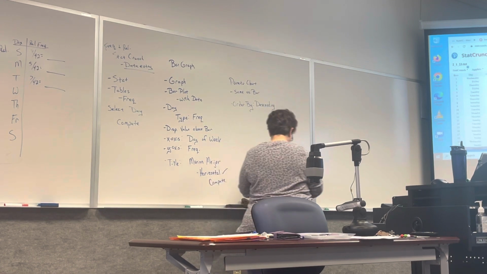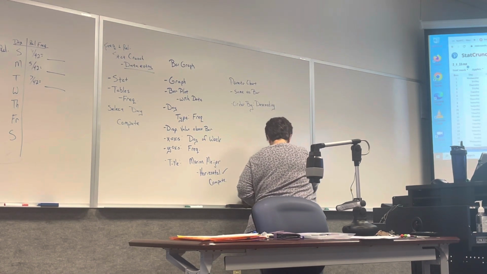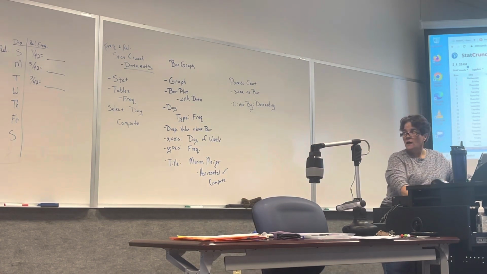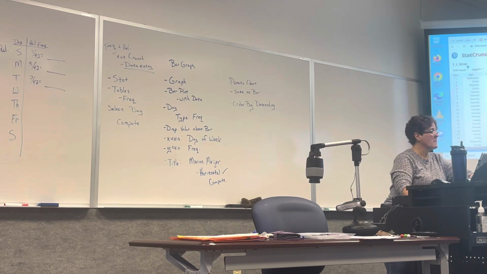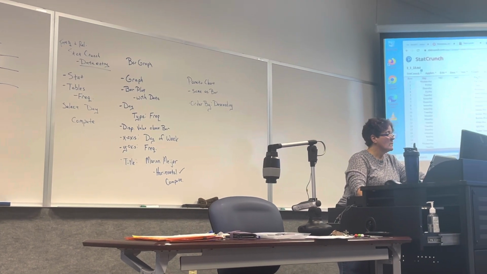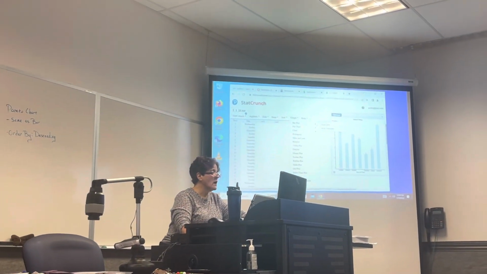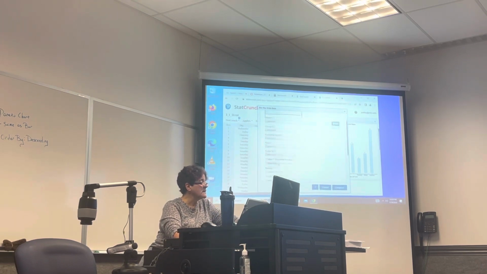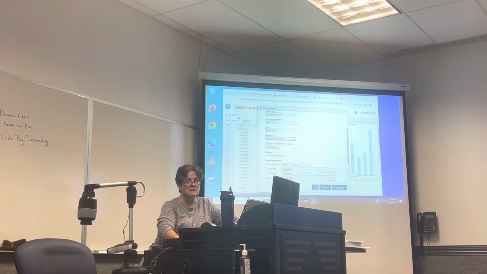We add one difference. The difference between a Pareto chart and a bar chart, all right? So again, same steps. Graph, bar plot with data. I select the day, type is frequency, but look at the order by. Click that down, and I want count descending.